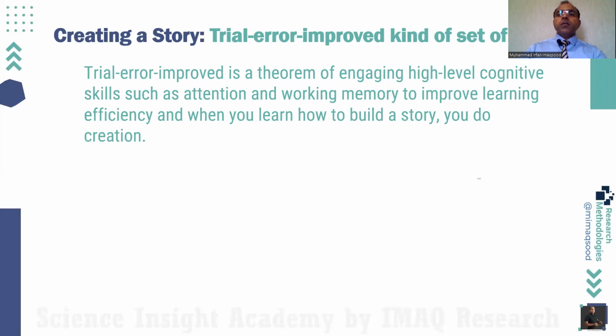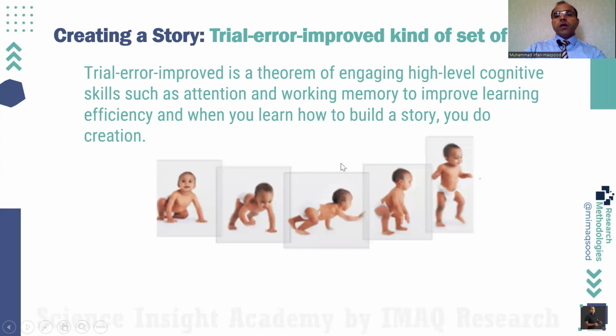The second most important part of being a writer, the most important skill, is actually the trial and error improvement set of skills. When we talk about trial and error improvement, it's a kind of theorem which engages a high level of cognitive skills such as attention and working memory to improve learning efficiency. These are the basic skills we have learned since we were born.